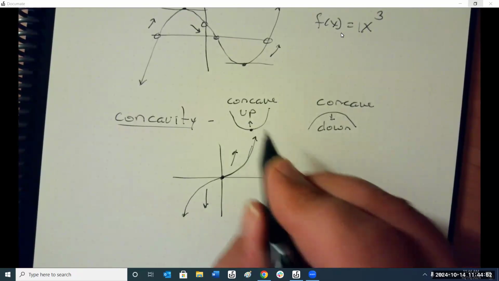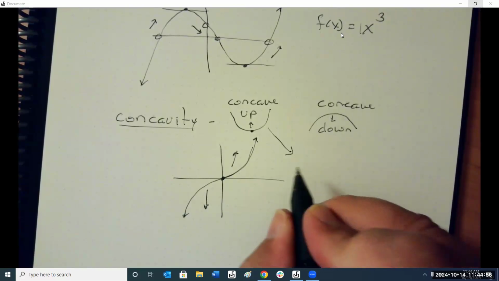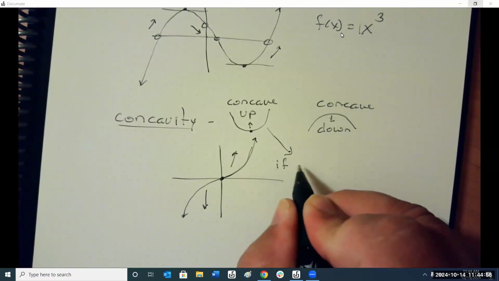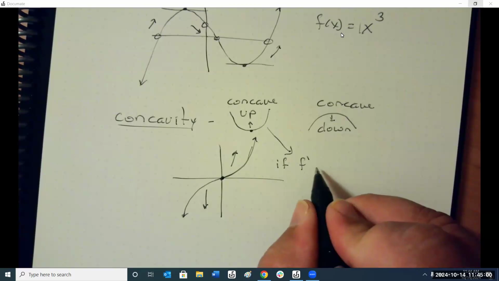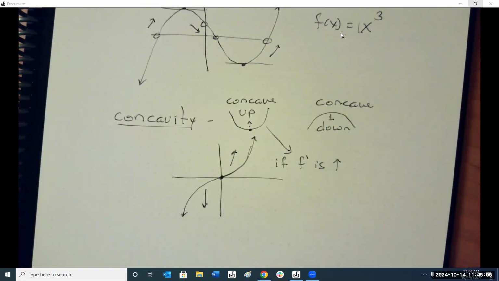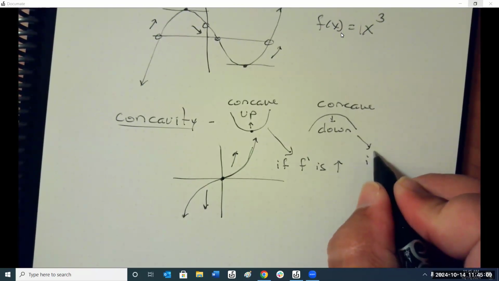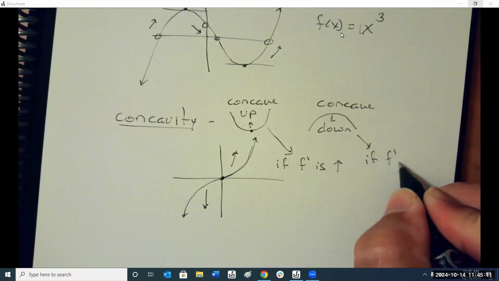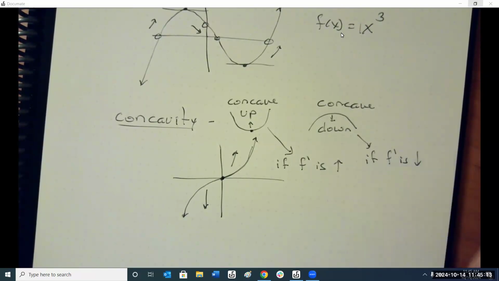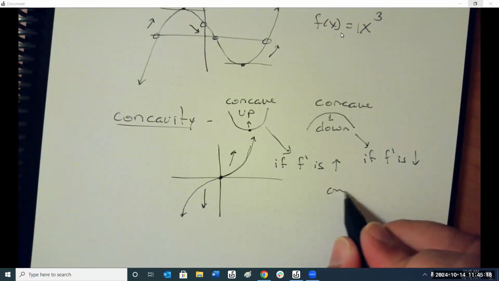So it's concave up if the first derivative is increasing. It's concave down if the first derivative is decreasing on the interval.